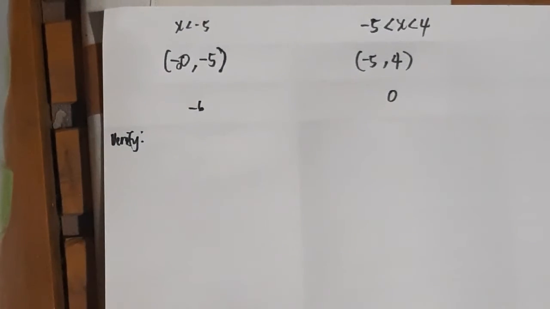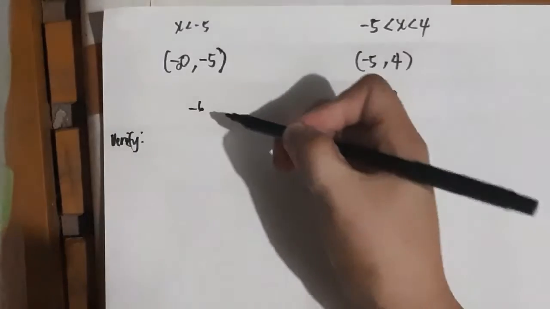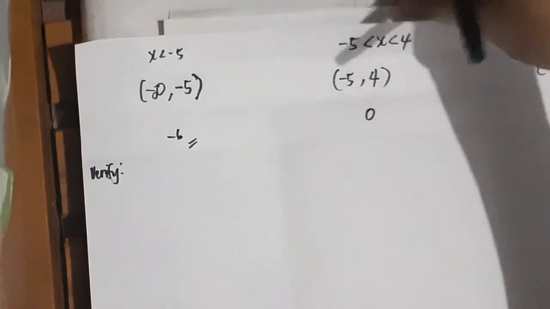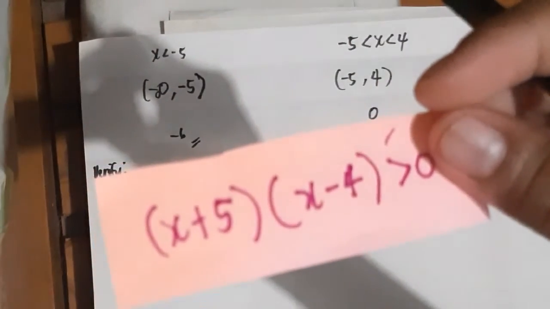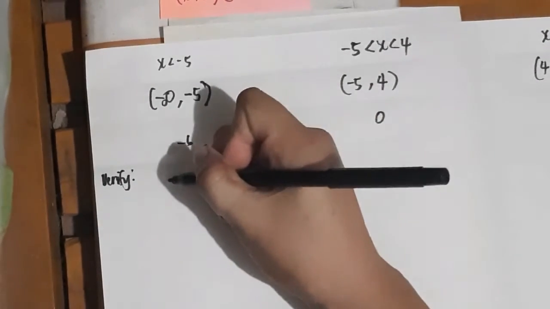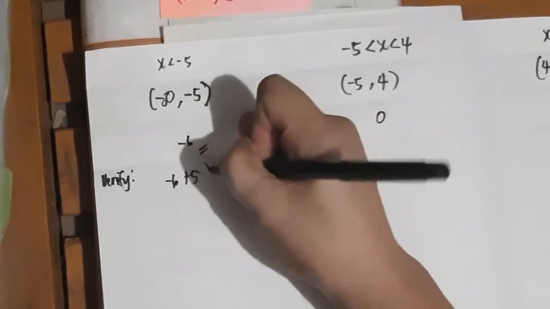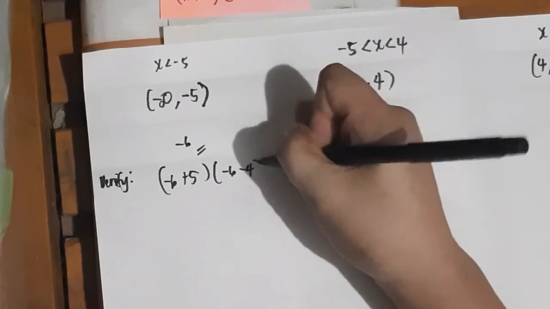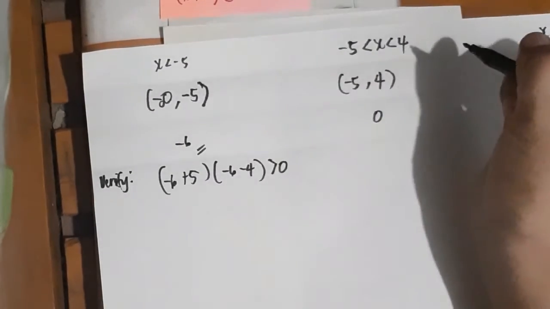How to verify? Again, substitute the testing points into the original inequality. Here it is. Let's substitute -6: -6 plus 5 times -6 minus 4. Is it greater than 0?